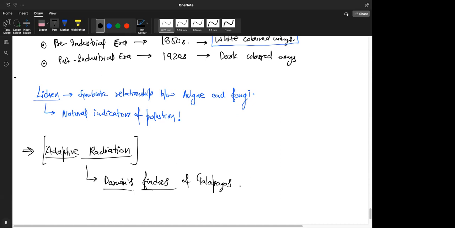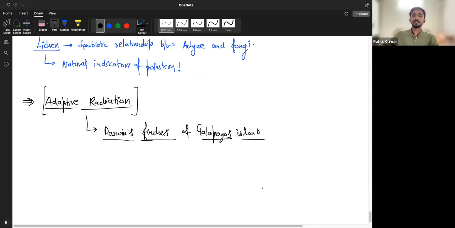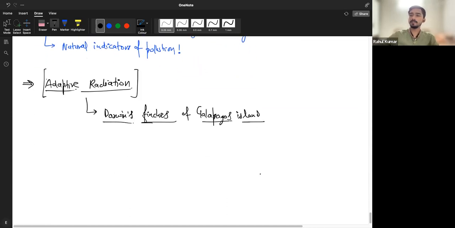So, Darwin's finches of Galapagos Island. Now, what Darwin observed was that there are multiple small black birds which are called finches. He realized that on the same island there are many varieties of finches.